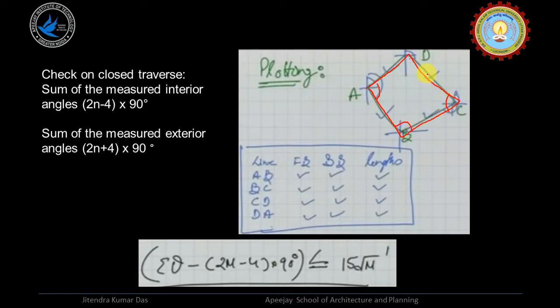Suppose they are theta 1, theta 2, theta 3 and theta 4. There is one check: the sum of measured interior angles should be equal to (2n minus 4) into 90 degrees, where n is the number of sides. So this should match. The sum of measured exterior angles is (2n plus 4) into 90 degrees. When this value comes, there is no error in this surveying.